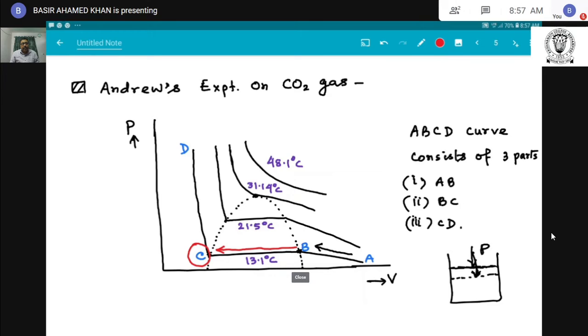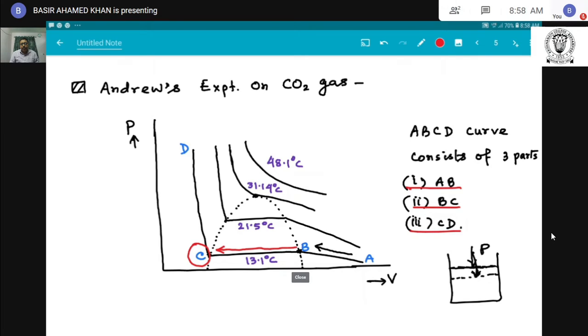Okay, the almost vertical rise of the portion CD. Now this curve CD, almost vertical line, indicates that the liquid is highly incompressible. So I repeat, the curve ABCD consists of three portions: AB, BC and CD.